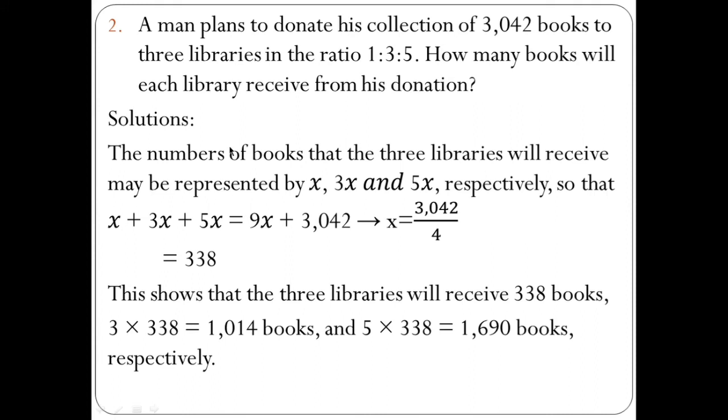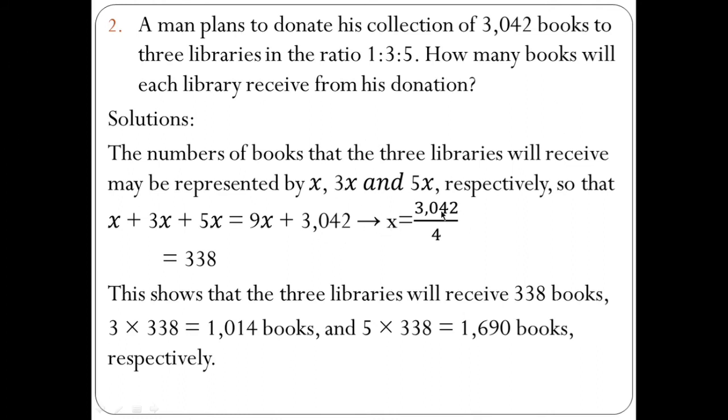So i-add lang natin yan lahat. We have x plus 3x plus 5x, we have 9x. Then, since pinapahanap is yung each library will receive his donation, equate natin 9x to 3,042, yung total books po to class. So, we have x equals, cross-multiply lang natin class.